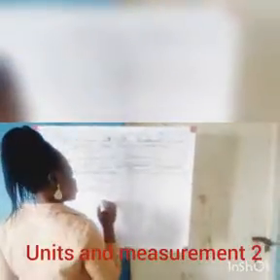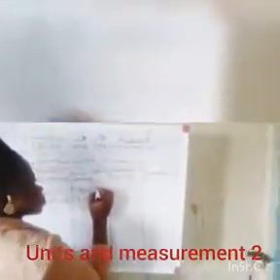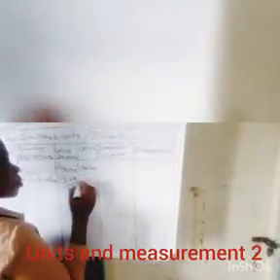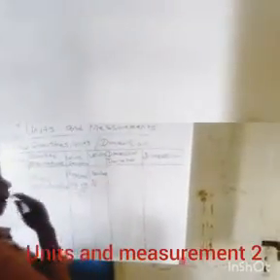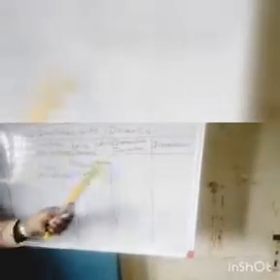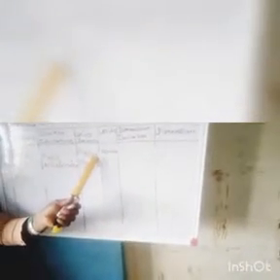So from this derivation you have seen that Newton is equal to kg meter per second square.